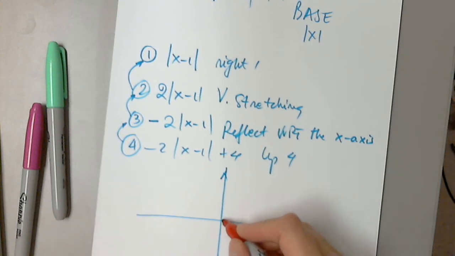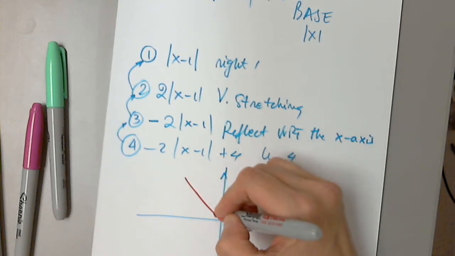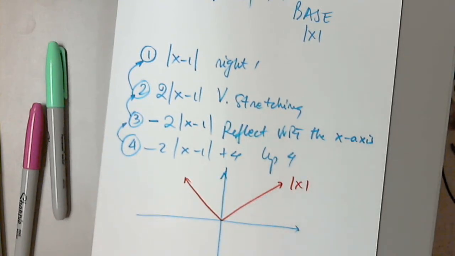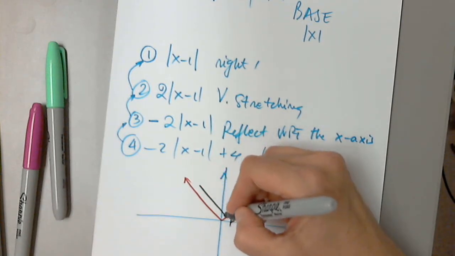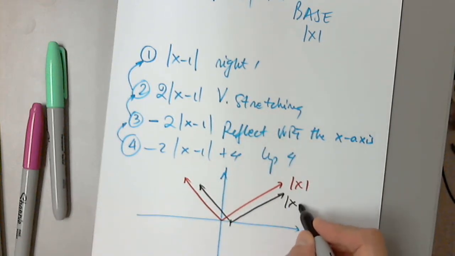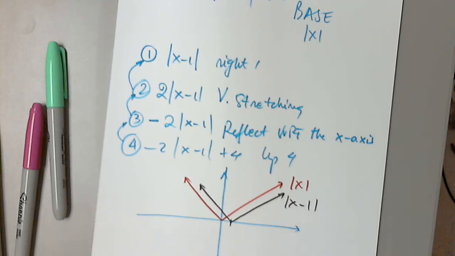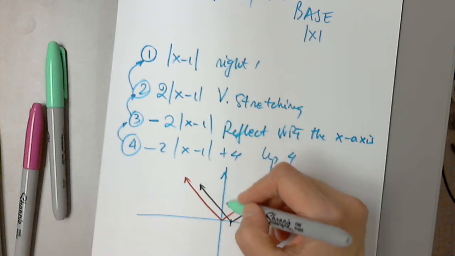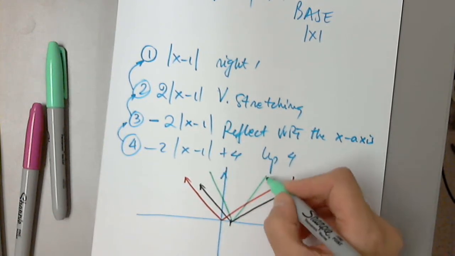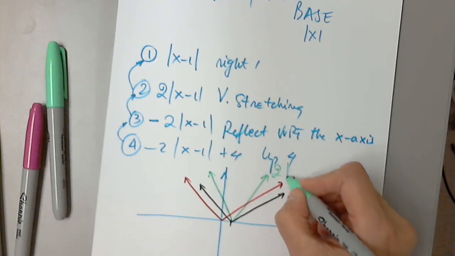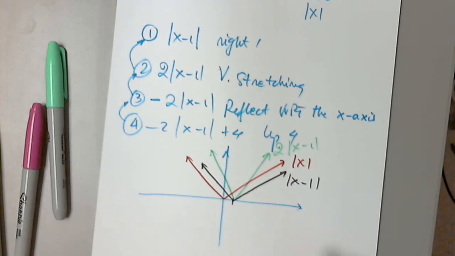So here is the absolute value of x. Then you told me to move it to the right one. So this is x minus 1. Then you told me to stretch it by a factor of 2. Okay, to the best of my knowledge, or my abilities, I'm gonna do this. So this is twice the absolute value of x minus 1.